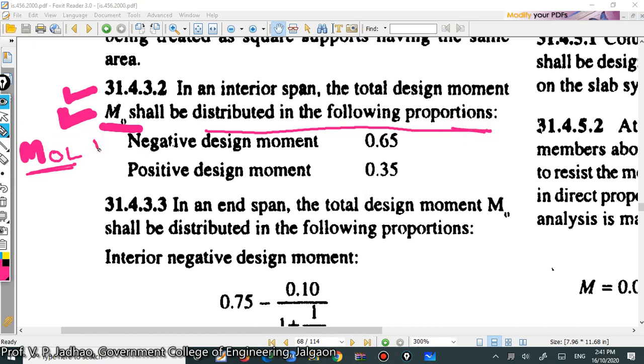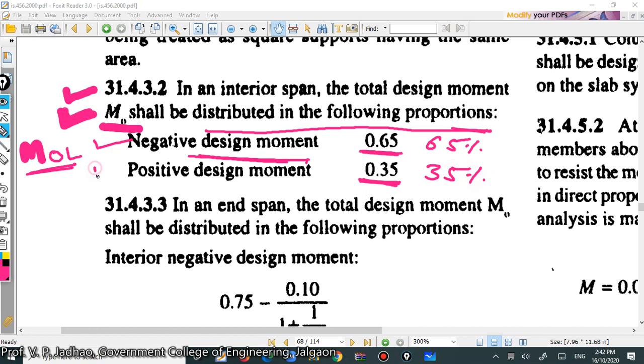For negative design moment we should consider 0.65, that is 65% of this MOL, whereas the remaining 35%, or 0.35, is for positive design moment.